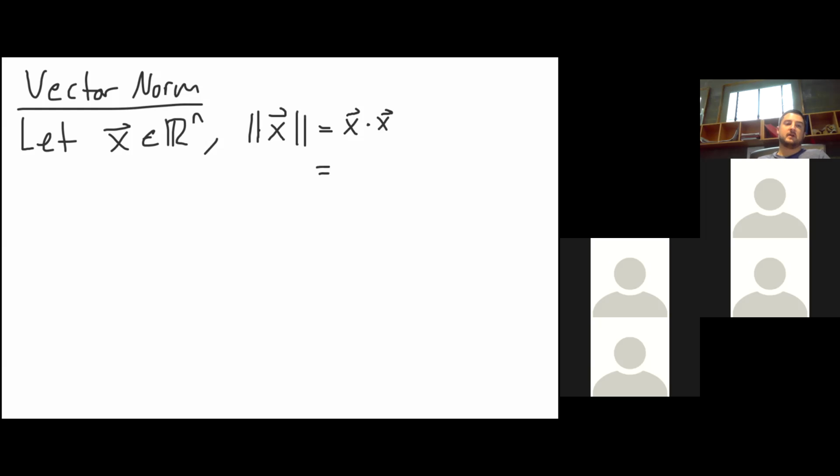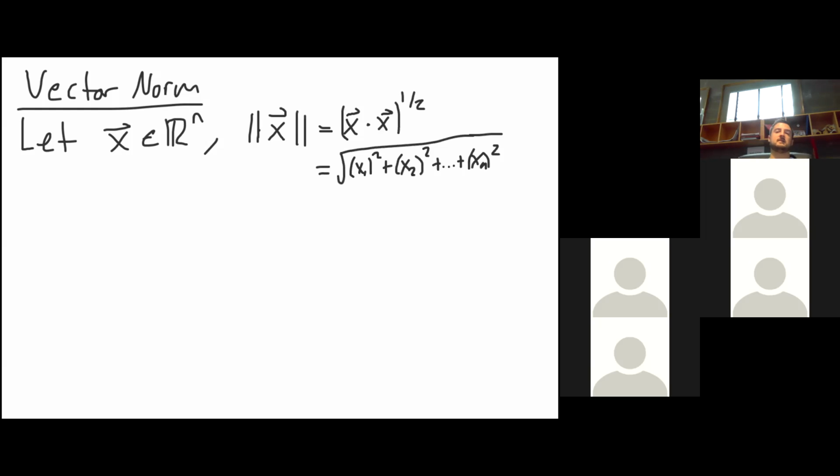Because when I take the dot product of anything with itself, oops, I forgot to write the 1/2, because I need to take the square root of it. What ends up happening is I'm taking every element of that vector, squaring it, and adding together.